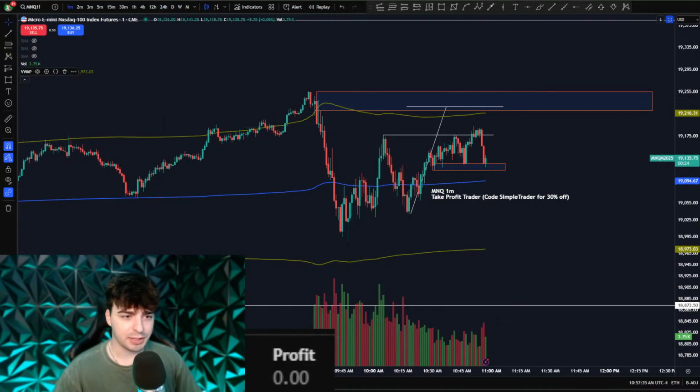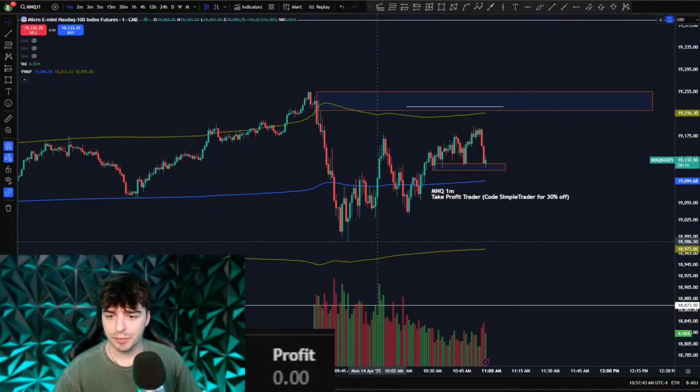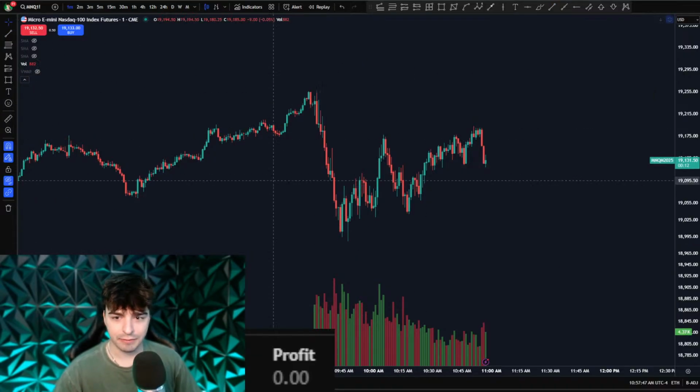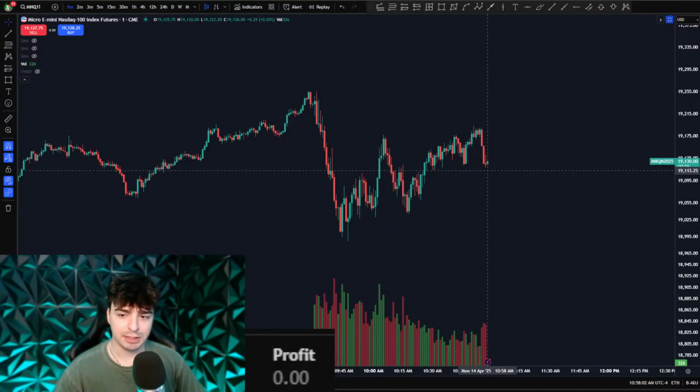Okay, so from a price action standpoint, I get distracted talking to you guys. From a price action standpoint, let's get rid of VWAP for a second. Let's get rid of everything. Technically in a downtrend, we just made new highs, but they were weak highs. So what does that mean? It means that we should probably expect a deeper correction.